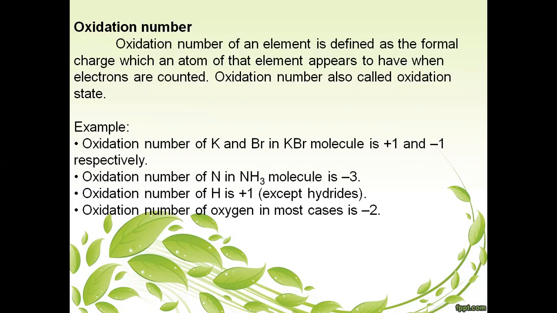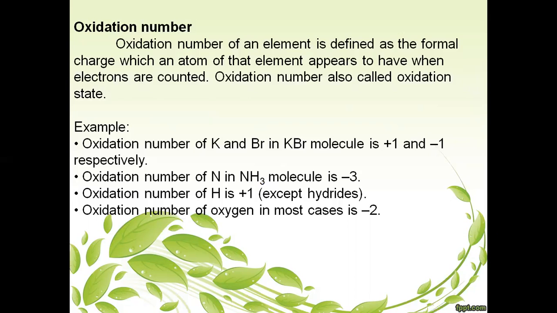The potassium oxidation number is +1, because potassium loses one electron and becomes a positive ion. Bromine gains one electron, so it is a negative ion, -1.